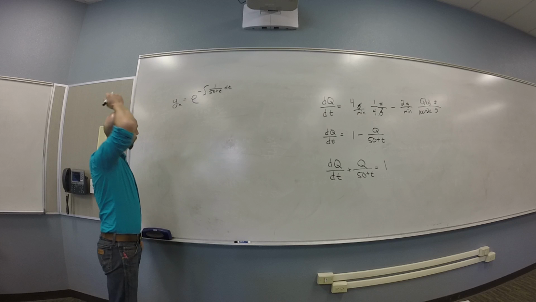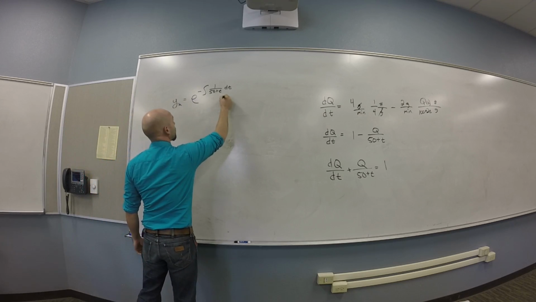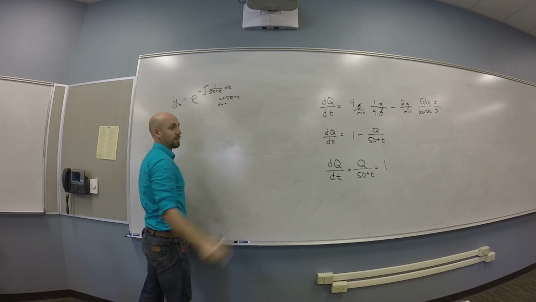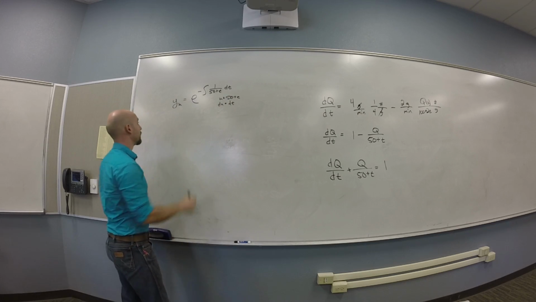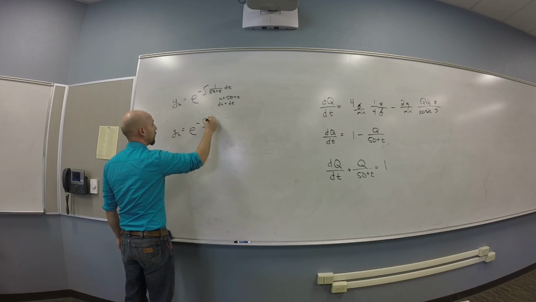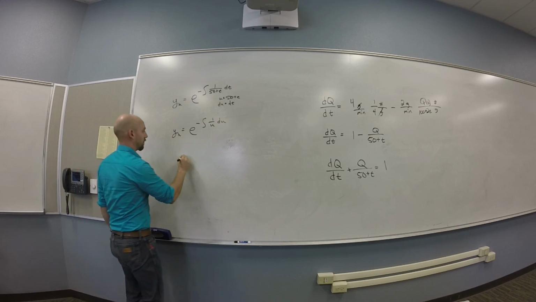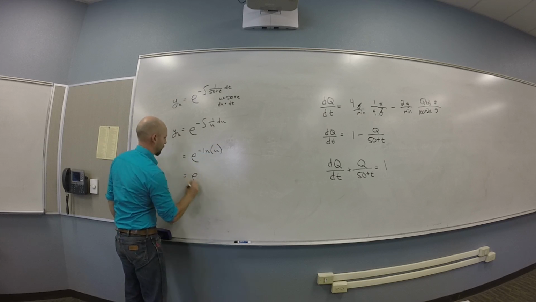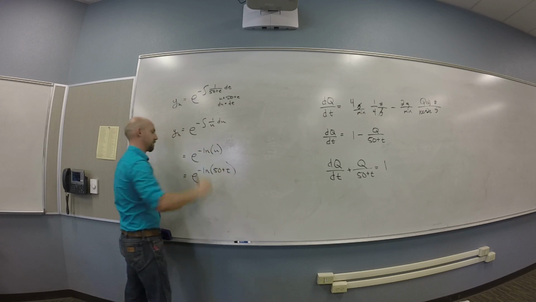How do you integrate 1 over 50 plus t? U-substitution. Let u be 50 plus t, so du is dt. So y_h is e to the minus integral of 1 over u du, which becomes e to the minus natural log of u.